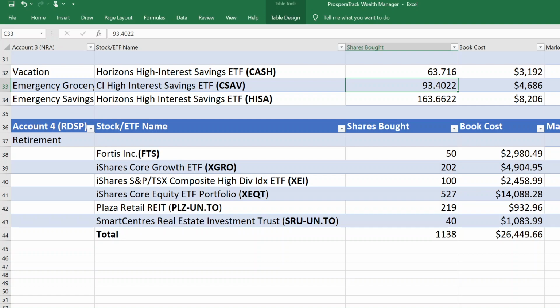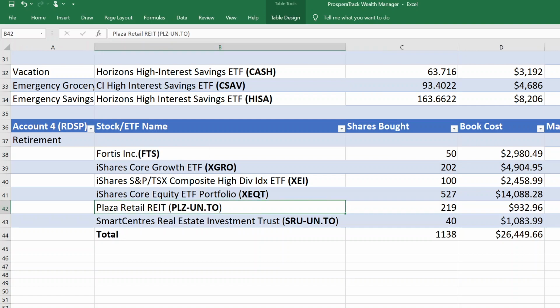Plaza REITs. Plaza REITs is another, not a dividend, it's a REIT. And a REIT is basically a real estate fund. Real estate companies take your money and they use it to buy properties, and they lease those properties out to companies.